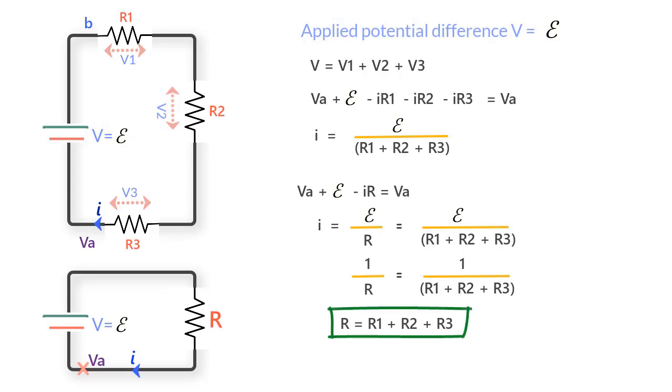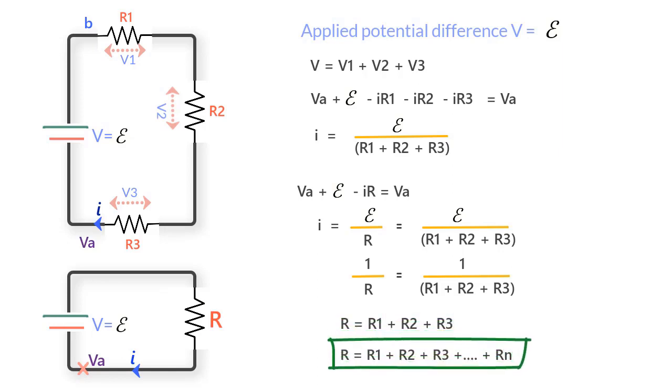And we can apply the same logic to n resistors if they are placed in series as well, such that R is equal to R1 plus R2 plus R3 and so on till you reach the last resistor, the nth resistor.